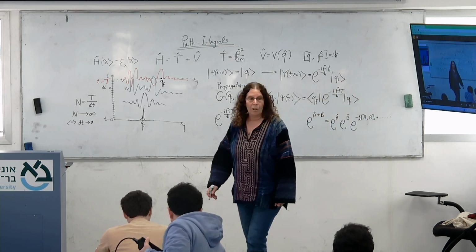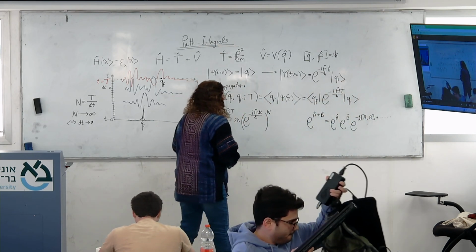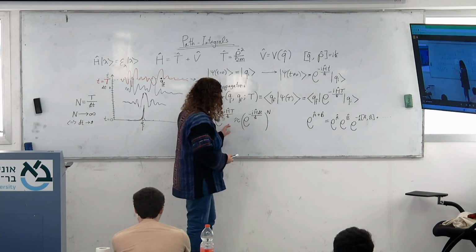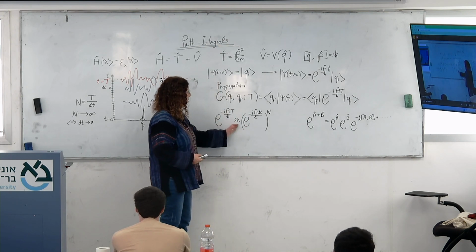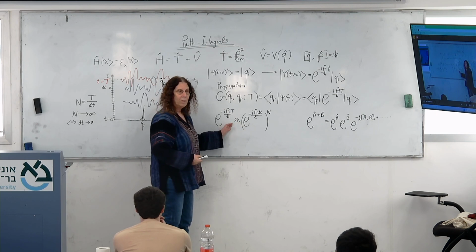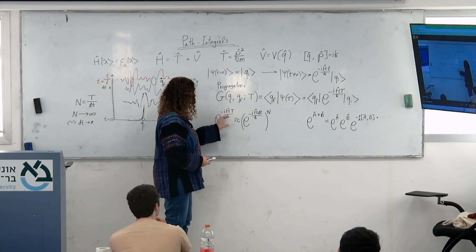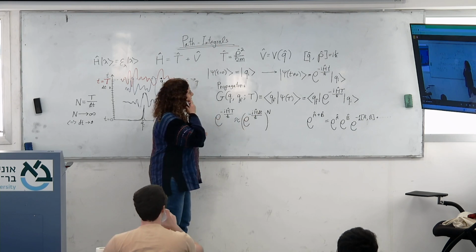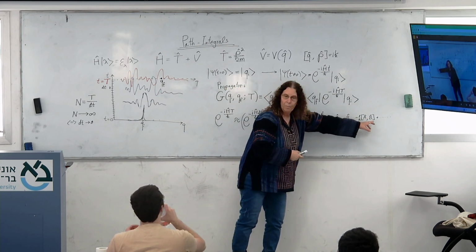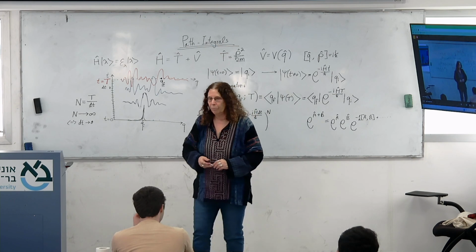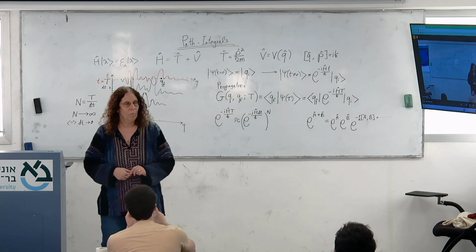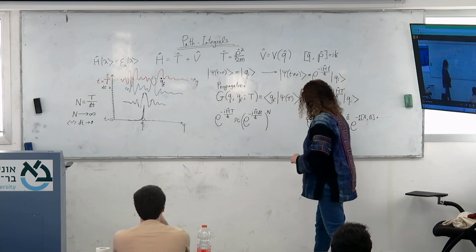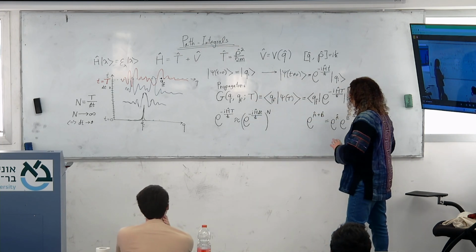Okay? So now, in our case, what do we miss when I write e to the sum by a product? I miss the commutator. Yes? But the commutator is 0, isn't it? No, because, okay.